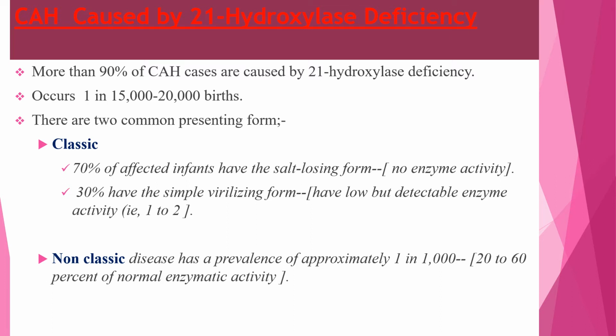In classic type, 70% of affected infants have the salt-losing form, in which there is no enzyme activity at all, whereas 30% have the simple virilizing form, with low but detectable enzyme activity, 1 to 2%. The non-classic disease has a prevalence of approximately 1 in 1,000, and they have 20 to 60% of normal enzymatic activity. So the degree of effect of those deficiencies is based on the percentage of enzymatic activity that's available.